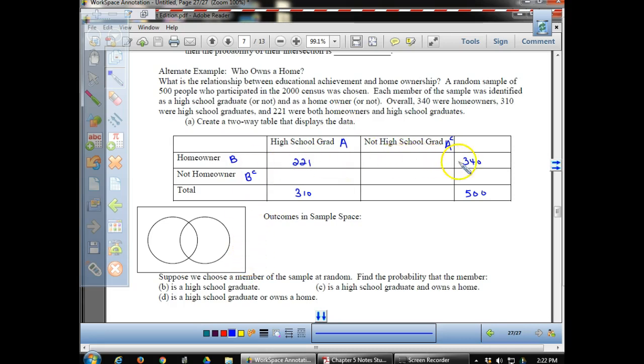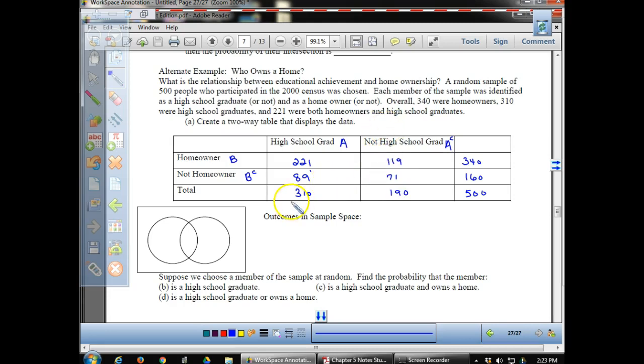Now, all we have to do is subtract 221 from 340, and that gives us 119. And then I can figure out this value here, because 500 minus 340 will be 160. And then I can also figure out this value is 89. And then finally, I would subtract 89 from 160, and I would get 71. And when I add these together, I get 190.